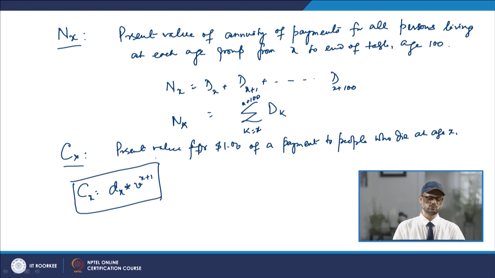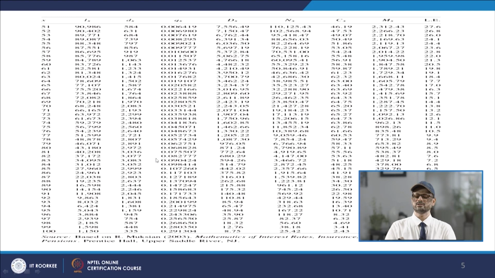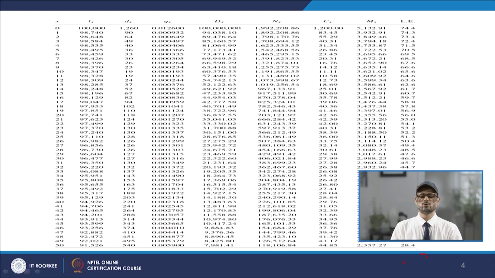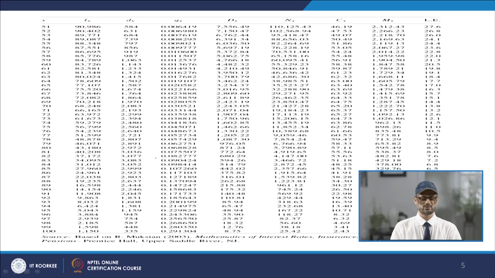So if you look at the Cx table, it will be talking about these values. Your dx, that is the number of deaths, will be multiplied with these values. If you look at the dx for age 0, it is coming as 1200.